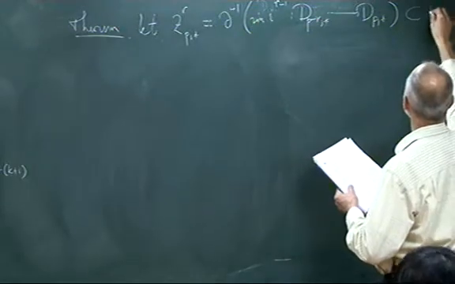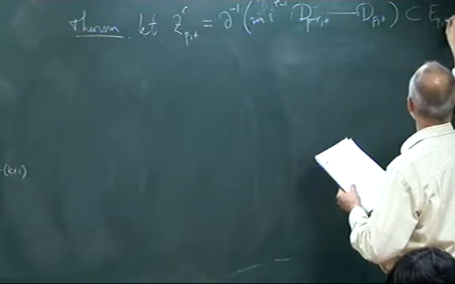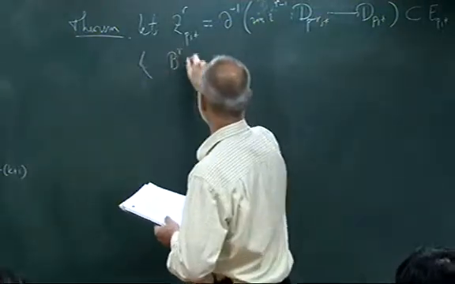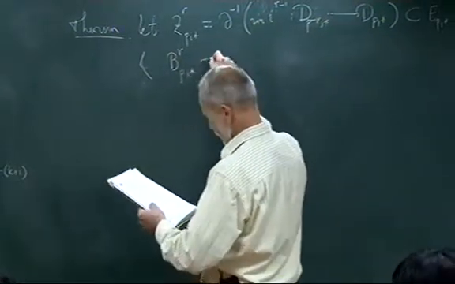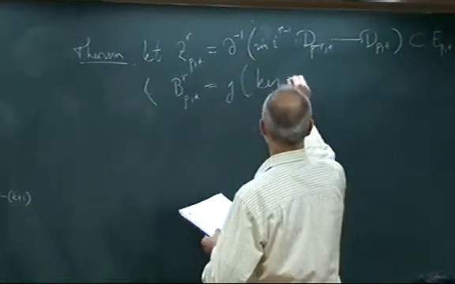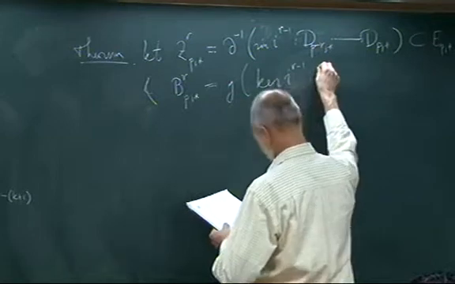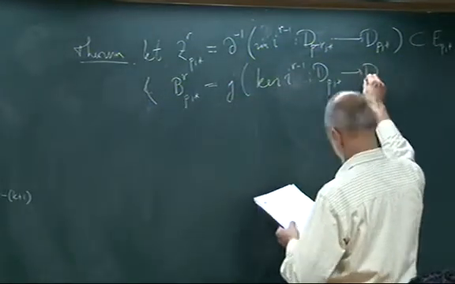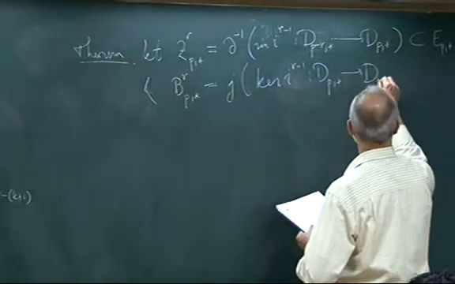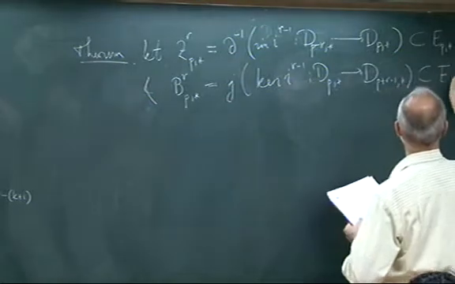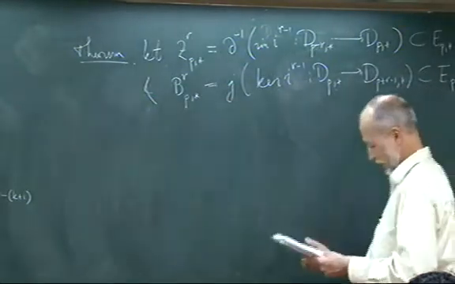This will be contained in E_P^*. And let B_r^P* be equal to j of the kernel of i^(r-1) going from D_P^* to D_{P+r-1}^*. It's also contained in E_P^*.